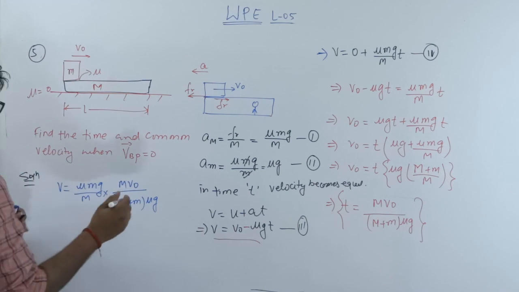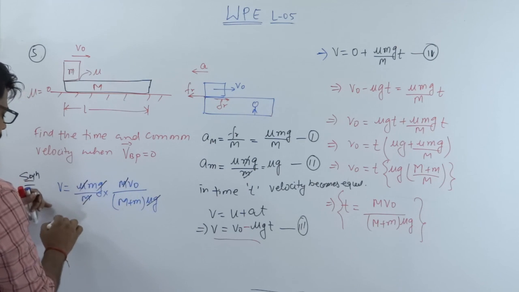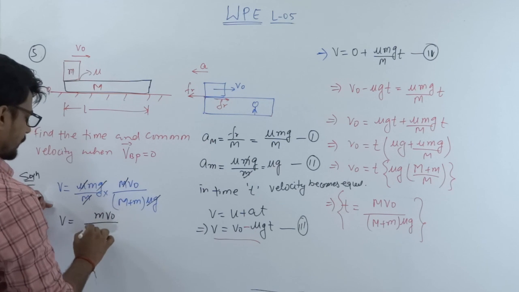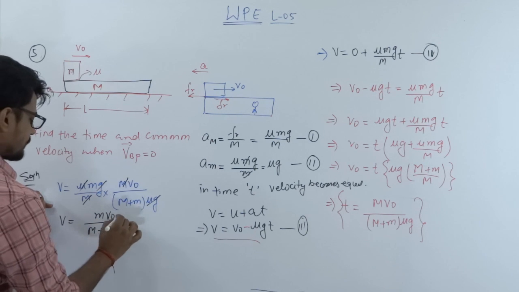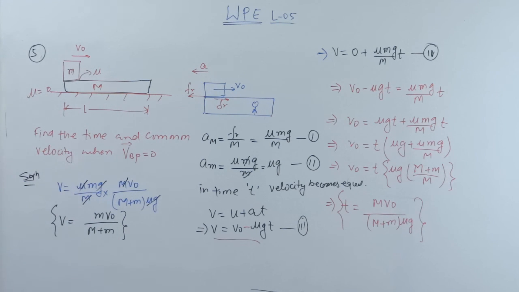Yes, we can see m would get cancelled, mu g should be cancelled. So the common velocity, my dear kids, is going to be M v naught upon capital M plus small m. So that is your common velocity, अपने को मिल गया.